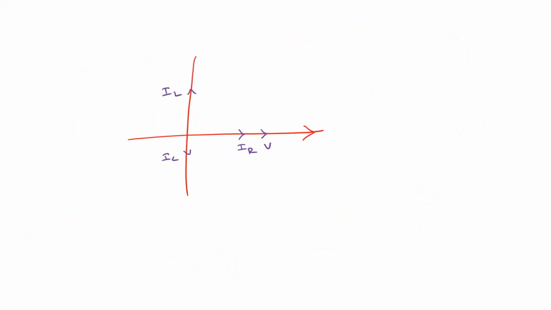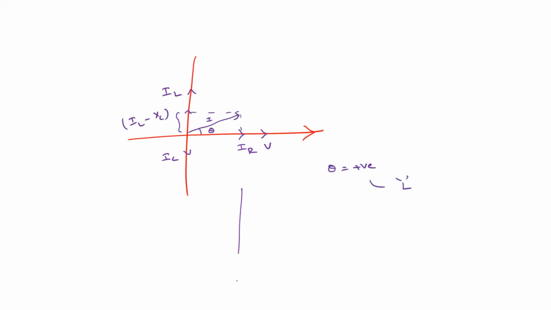So IL minus IC is somewhere here, and this is the resultant current I and this angle is theta. So this theta is positive in case of an inductive circuit or predominantly inductive circuit.